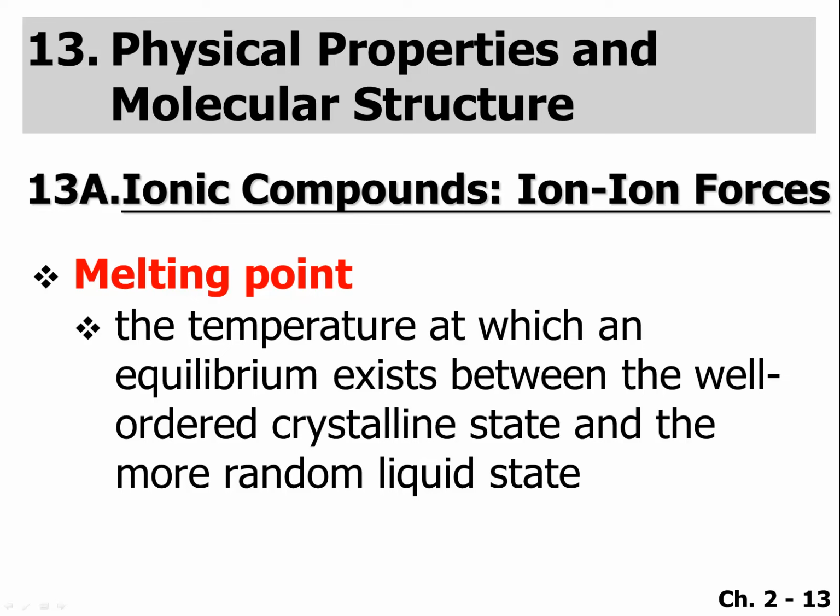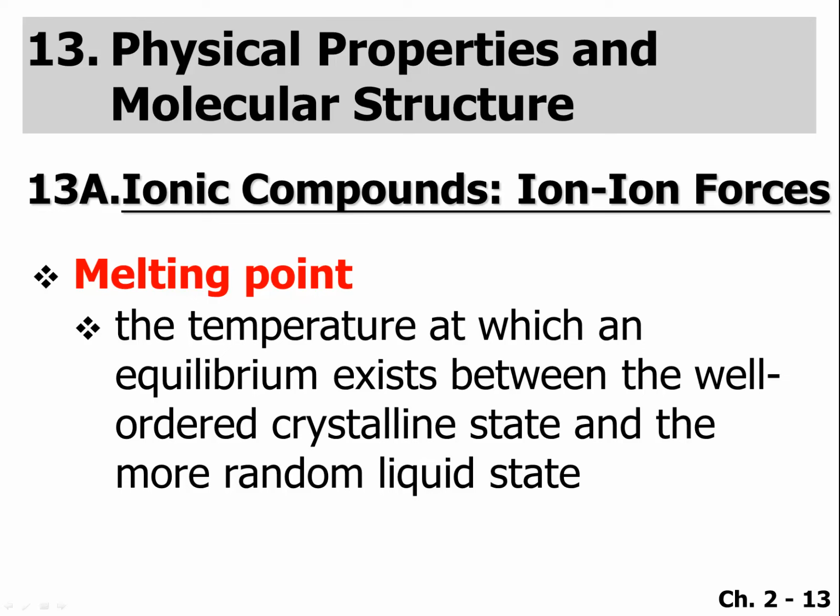As there's enough kinetic energy for the molecules or ions to start to jiggle past each other, it goes from being nice and ordered and crystalline into the jiggly liquid state as the atoms start to be able to pass by each other.